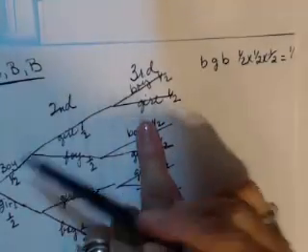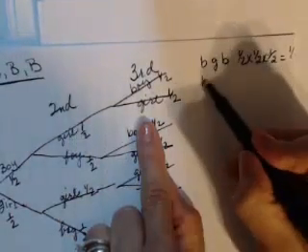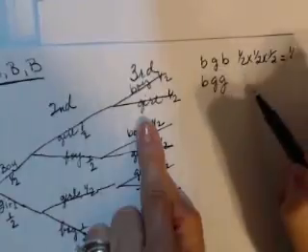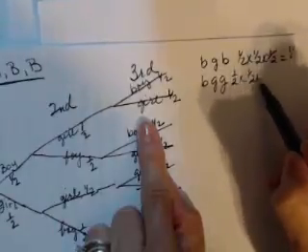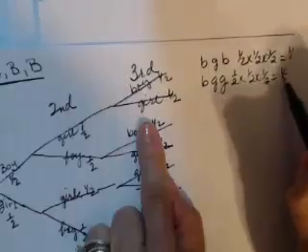And then a boy, girl, girl. And again, that's 1/2 times 1/2 times 1/2, or 1/8.